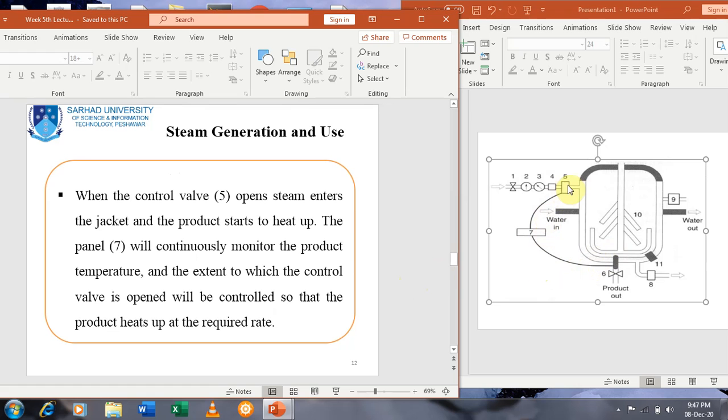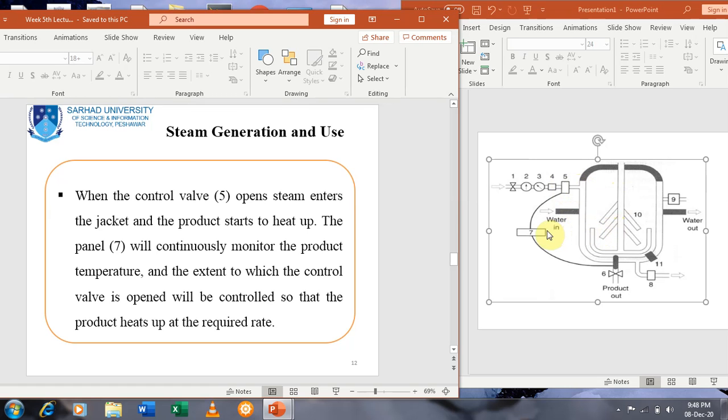When the control valve 5 opens, the steam enters inside the jacket and the product that it contains starts to heat up.